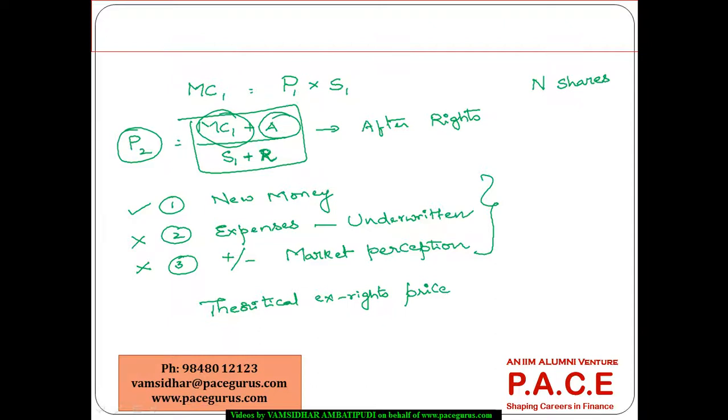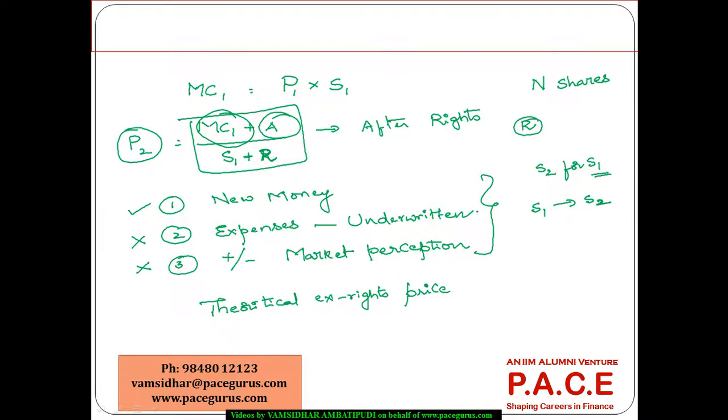Now here I can very well look at the number of new shares that got created with rights. Probably if I say S2 for S1, which means for every S1 shares, I'm going to get S2 shares.